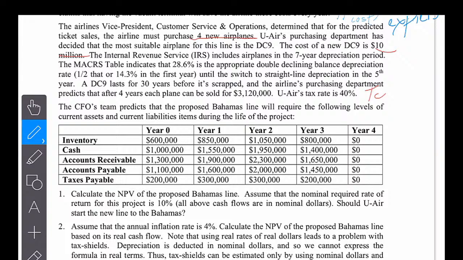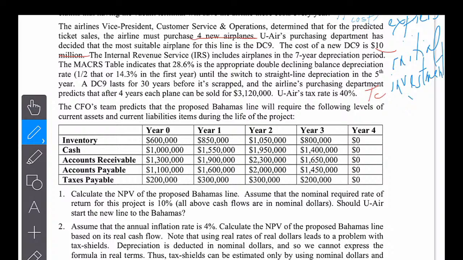So I'm going to depreciate from the initial investment. So this is the initial outlay or initial investment. If you can read that, initial investment.